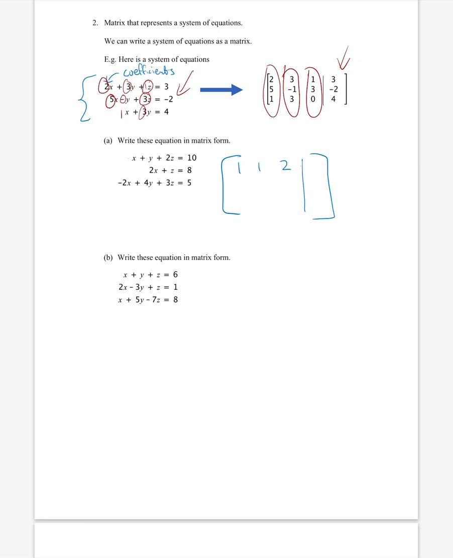On the second row, I've got 2 in front of the x, nothing in front of the y, and 1 in front of the z, and minus 2, 4, and 3, with 10, 8, and 5 going in there. Just to note, these are all the coefficients of x first, then the coefficients of the y terms, and the coefficients of the z terms.